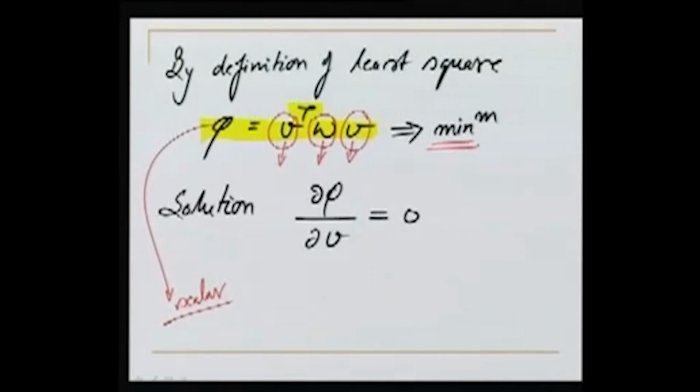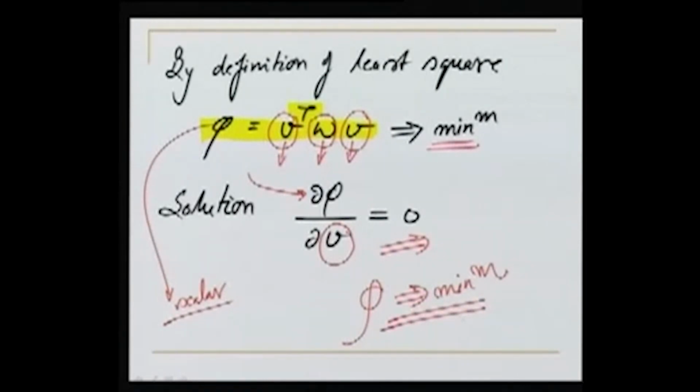How do we handle it? We handle it by finding the partial derivative of phi with respect to the residuals and equating it to 0. This is how we make phi minimum. That's the way we carry out the solution.